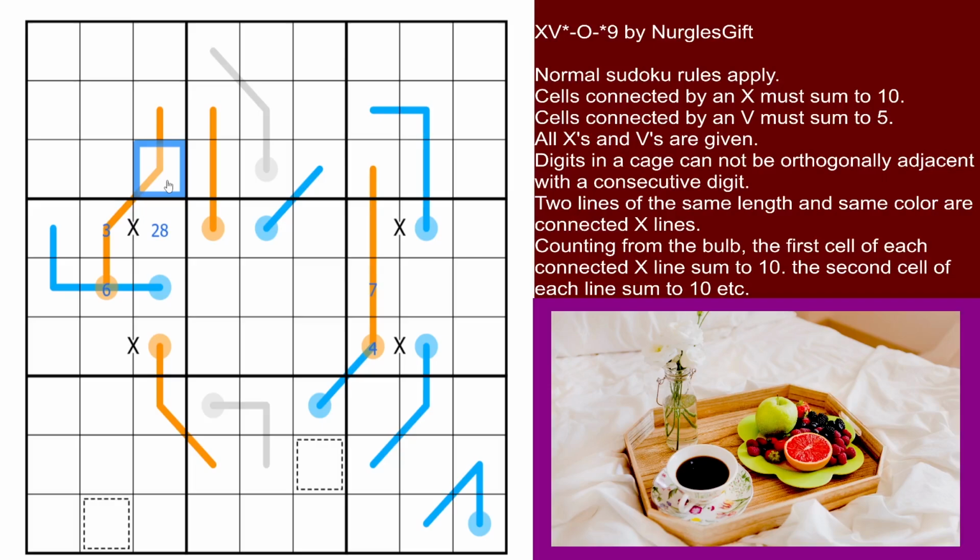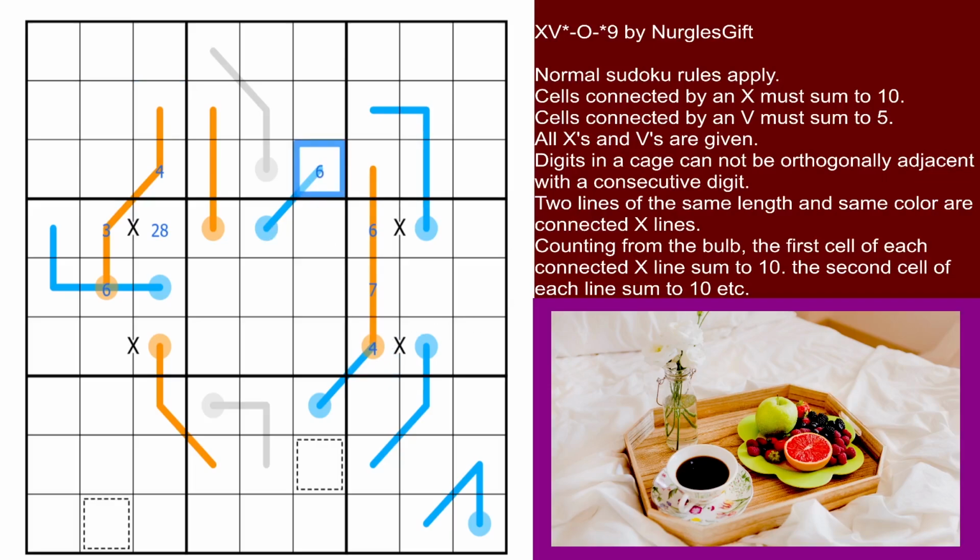And if this is again 4, then that would be 6. From the bulb, whatever the position, they must sum to 10. So these 2 must sum to 10, these 2 must sum to 10, these 2 must sum to 10. In the other case, I think these 2 must sum to 6. So if that's 4, that's 6.